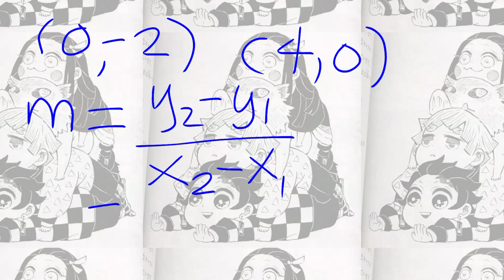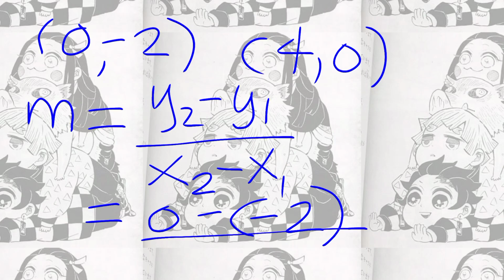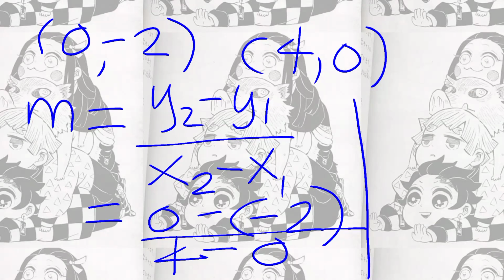By substitution, our y sub 2 is 0 minus our y sub 1, which is -2. We need to put parentheses to separate negative from minus. All over x sub 2, which is 4, minus x sub 1, which is 0, and then simplify. I'm going to put a bar here to separate our solution since the space is limited.